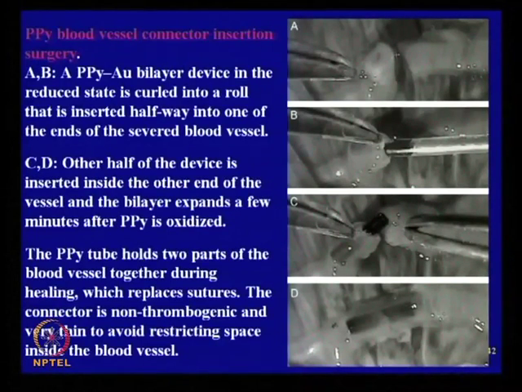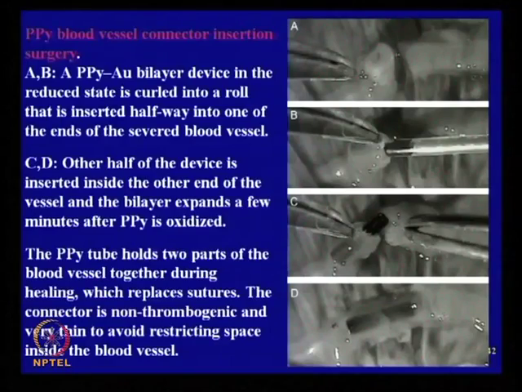Okay. Now, the other half of the device is inserted the same way inside the other end of the vessel, and the bilayer expands a few minutes after polypyrrole is oxidized. So, in the reduced state, it is curled and forms a tube, then it is put in one side of the vessel, the other part of the tube is also put inside another part of the vessel, then it is oxidized. On oxidation, it expands.